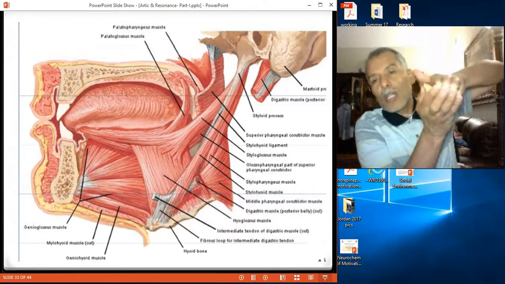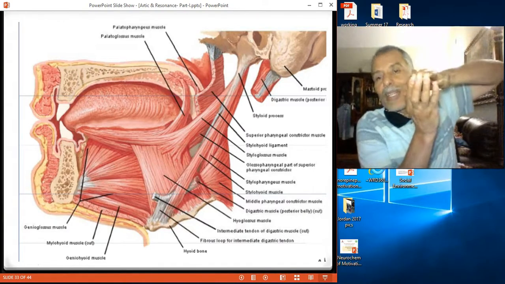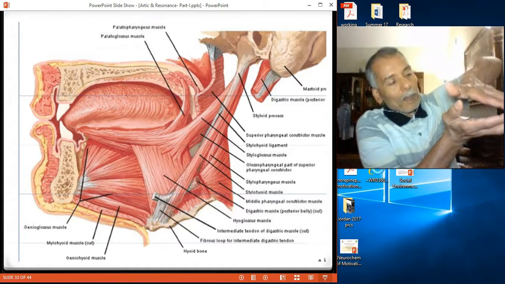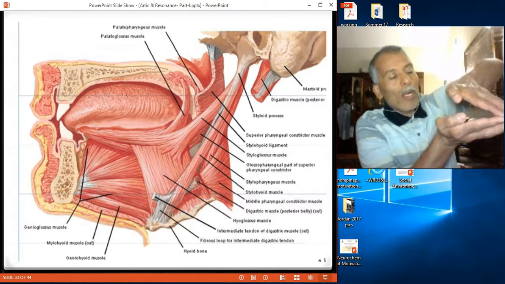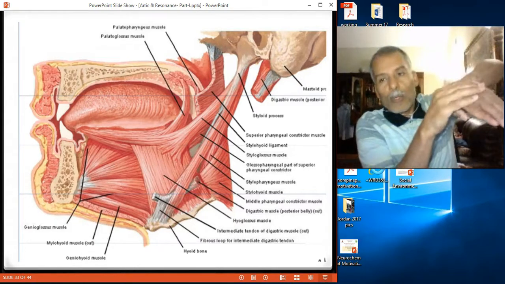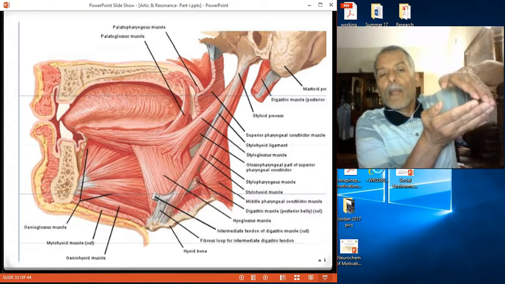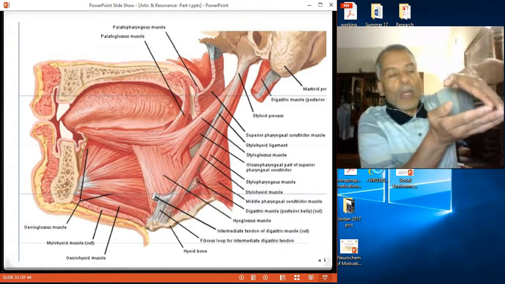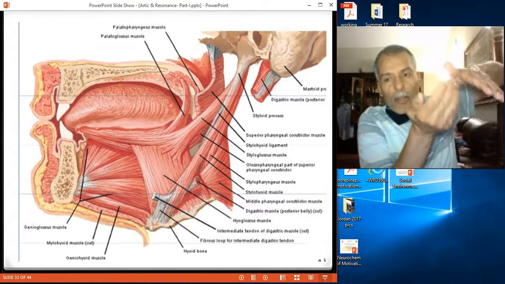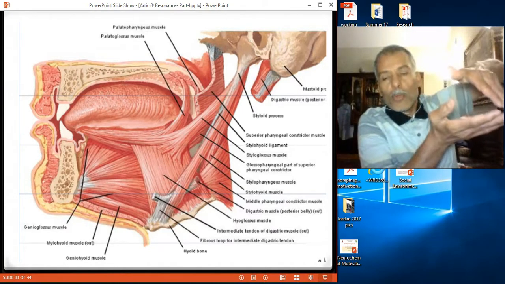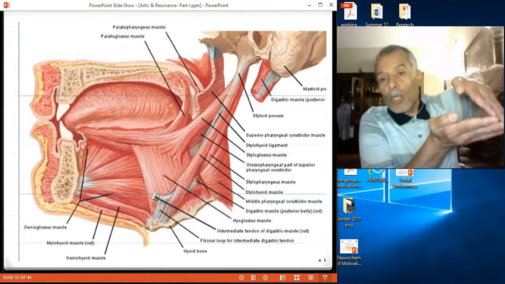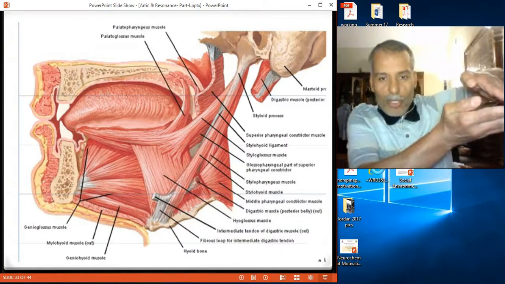You can look in the mirror and see where they connect. Because the first set is on the top, you call them superior longitudinal muscles, and the inferior ones you call inferior longitudinal, sometimes just called longitudinal as well.